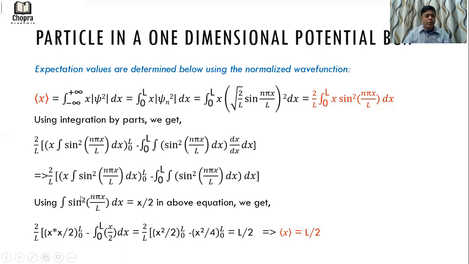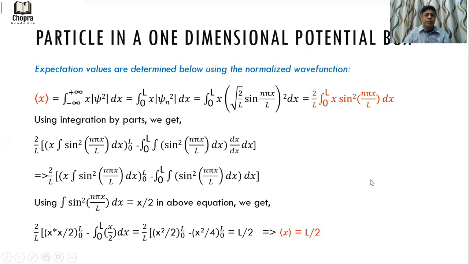So once we substitute for the indefinite integral of sine square n pi x by L dx equal to x by 2 in the above equation, we get 2 by L bracket x square by 2 limits 0 to L minus integration from 0 to L of x by 2 dx, which turns out to be 2 by L brackets x square by 2 limit from 0 to L minus x square by 4 limits 0 to L, which if we solve, we will get it to be equal to L by 2.